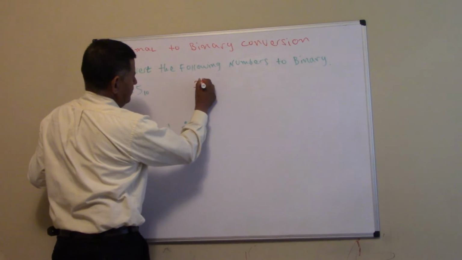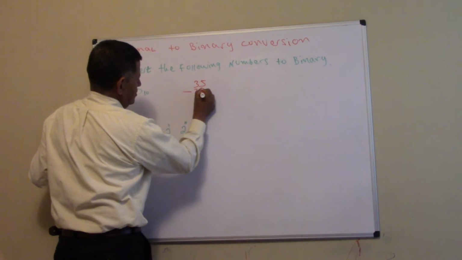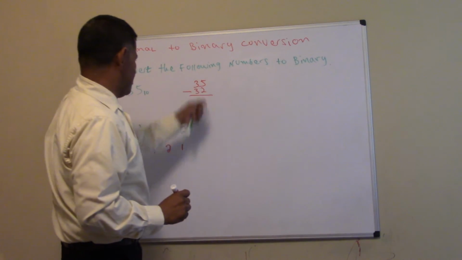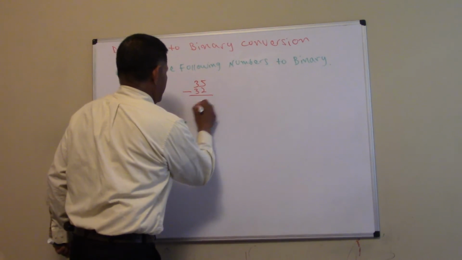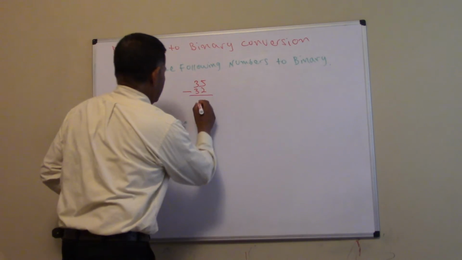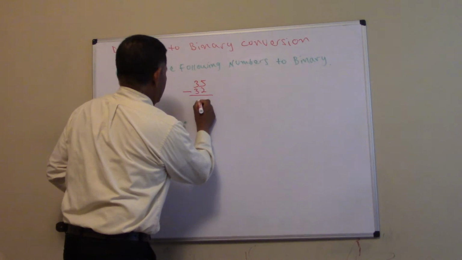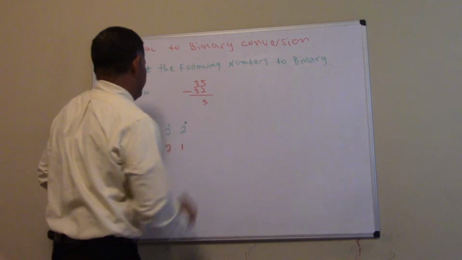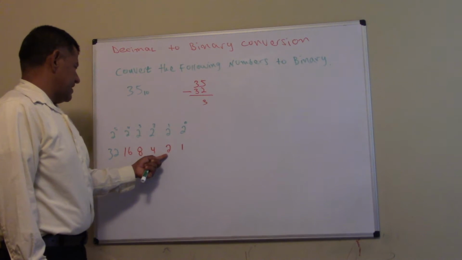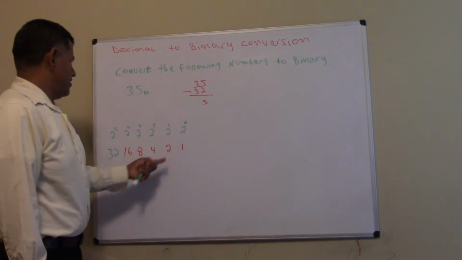So 35 minus 32, right, is equal to 3. So basically the difference is 3. Okay, so do I have another number that is less than 3?